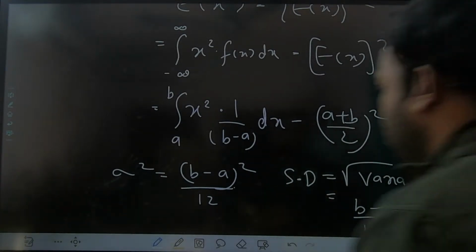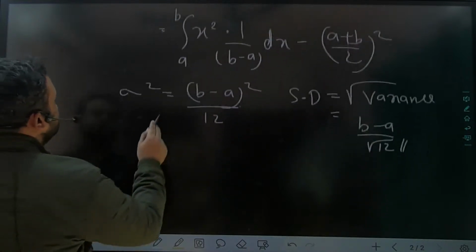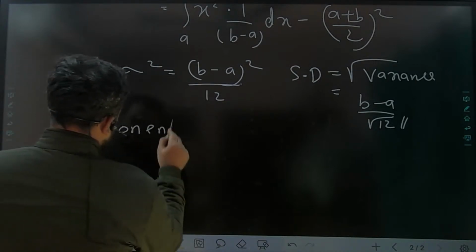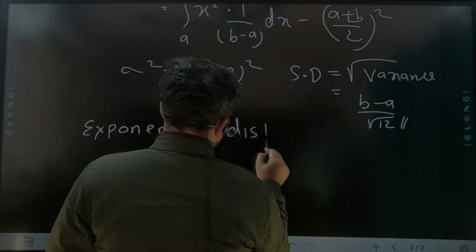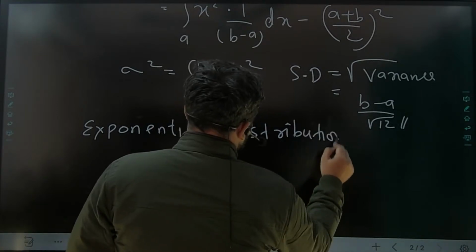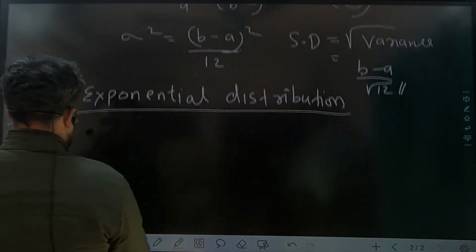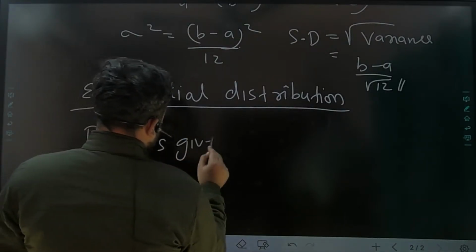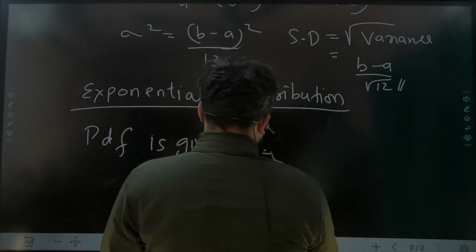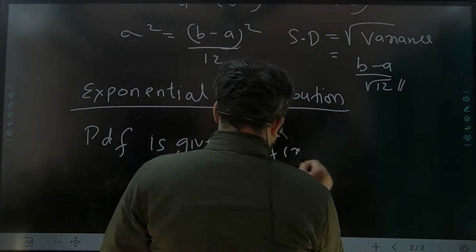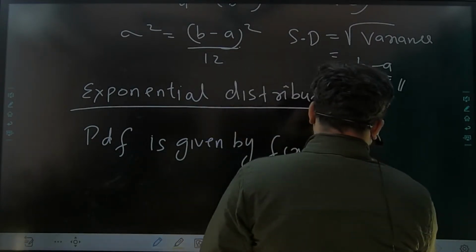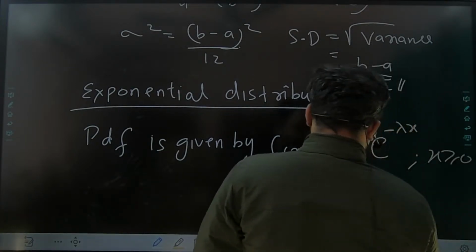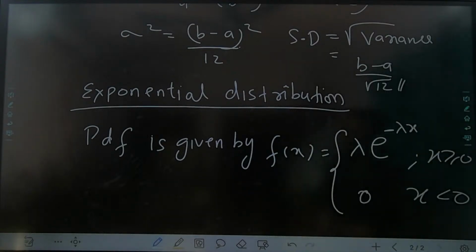So these are continuous variable functions. In the exponential distribution, the probability density function is given as f of x equal to some constant lambda e raised to power minus lambda x for x greater than or equal to 0, and it is 0 for x less than 0. So this is the exponential function.